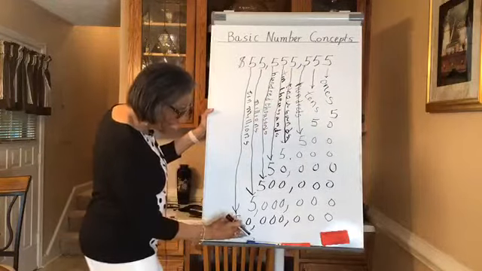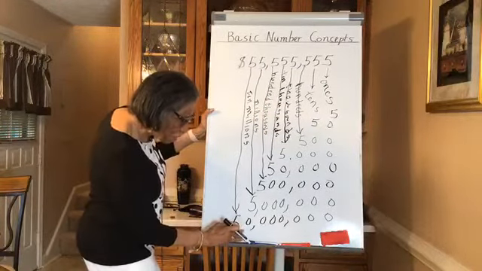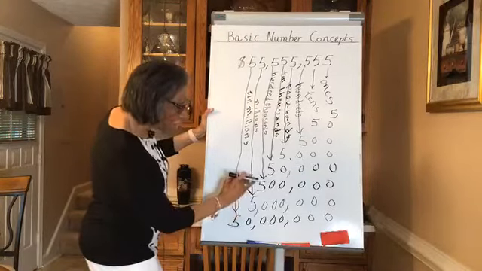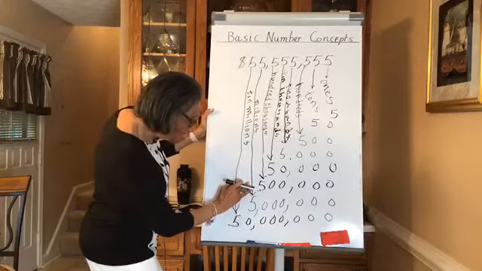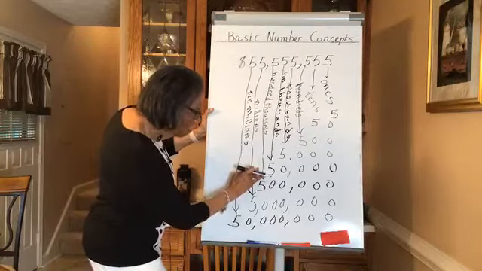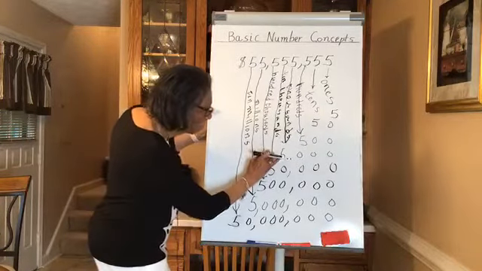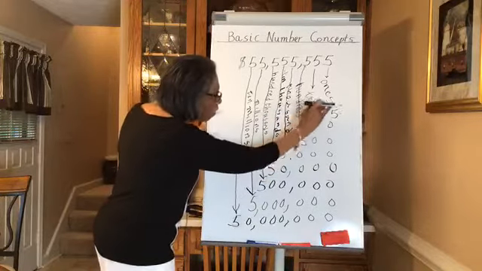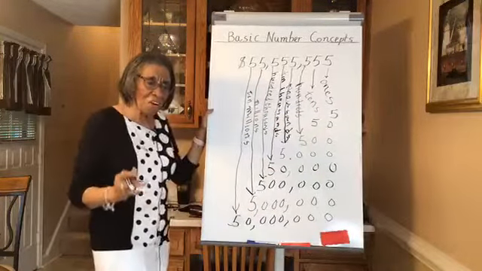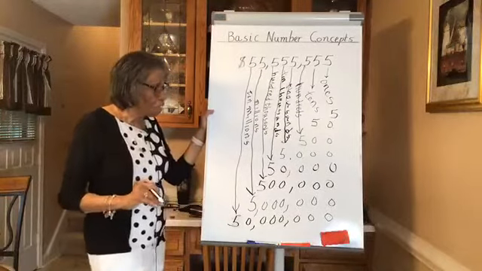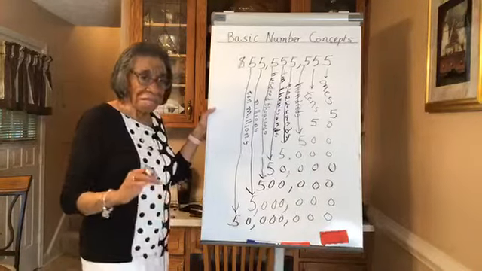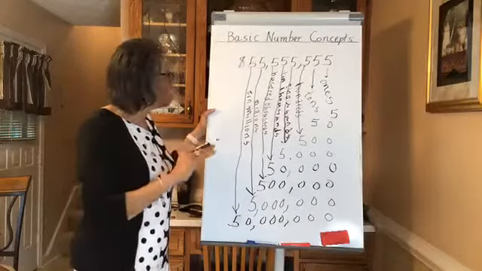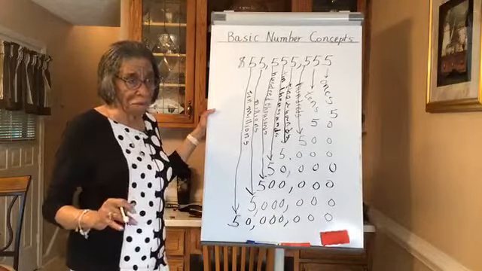So I would write first 50 million plus 5 million plus 500,000 plus 50,000 plus 5,000 plus 500 plus 50 plus 5. And that's called the expanded form. So all you're doing is giving the values of the numbers from left to right as you read the number.